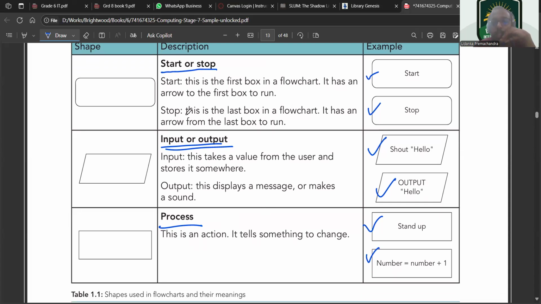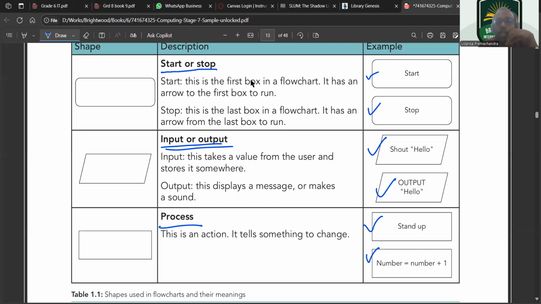You follow it with the rectangular shape. Rectangular is used for processing. And the rhombus-like shape is used for input and output.